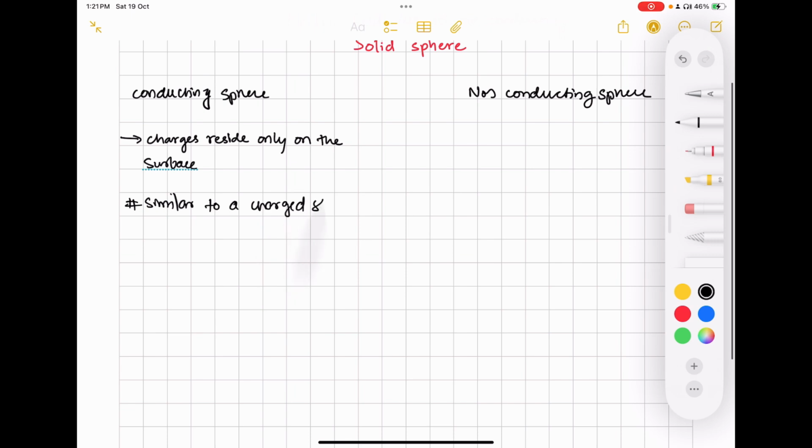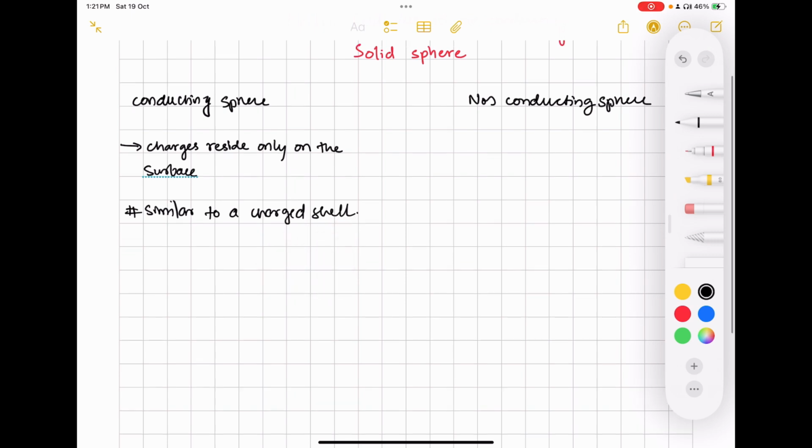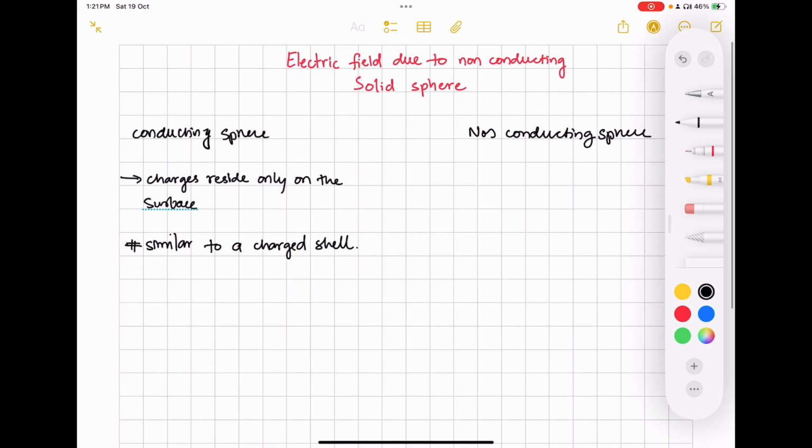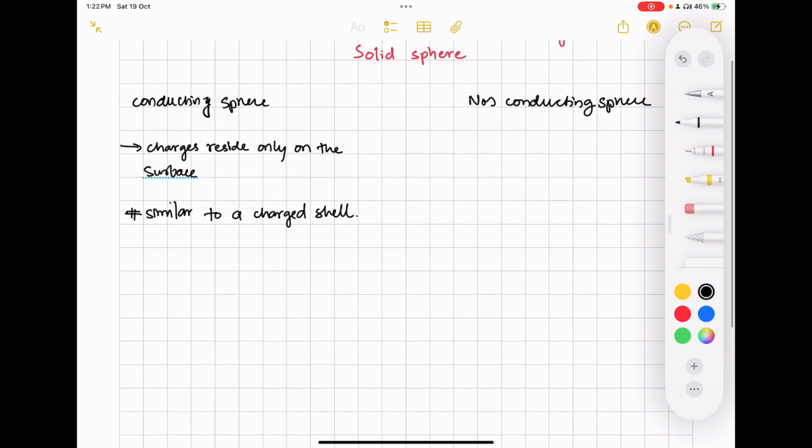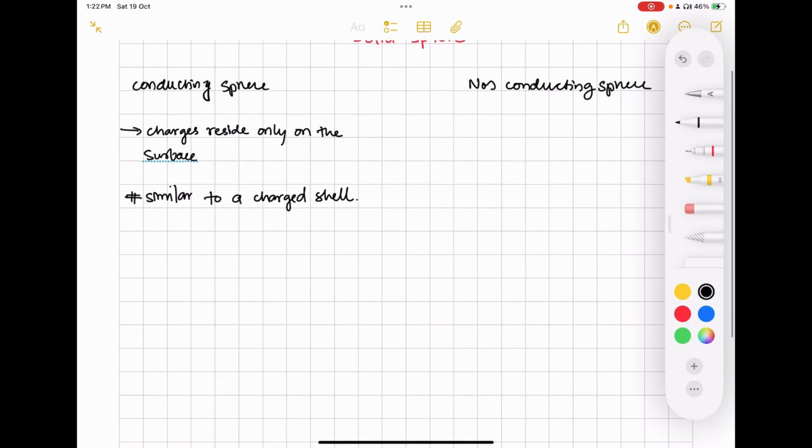So, if in the question they ask for the electric field due to a conducting sphere, simply write that in a conducting sphere, charges reside only on the surface and it is similar to a charged shell, and then derive the electric field due to a charged shell, which we have studied in the previous video.